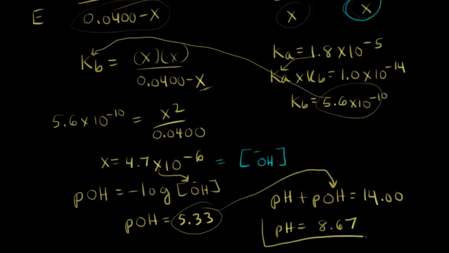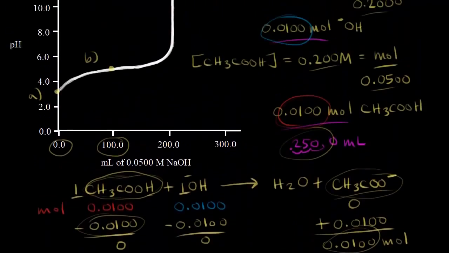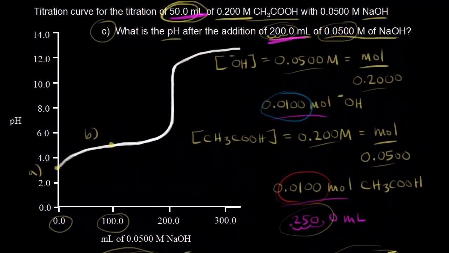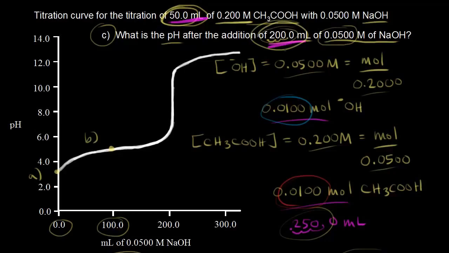So we're at the equivalence point, but this is a titration of a weak acid with a strong base. And so we have a basic salt solution at the equivalence point, right? So our pH is in the basic range, above 7. So let's find that point on our titration curve. We've added 200 mLs of our base, and the pH was 8.67.